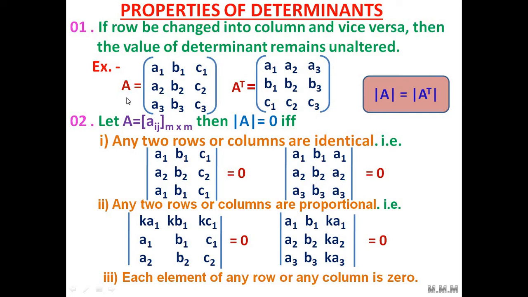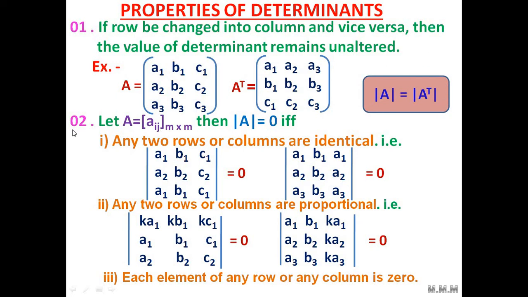So here you are observing A is a1, b1, c1. A transpose is here. That means row 1 will be changed into column 1, R1 into C1, R2 into C2, R3 into C3. Then the determinant value of A and the determinant value of A transpose will be same.